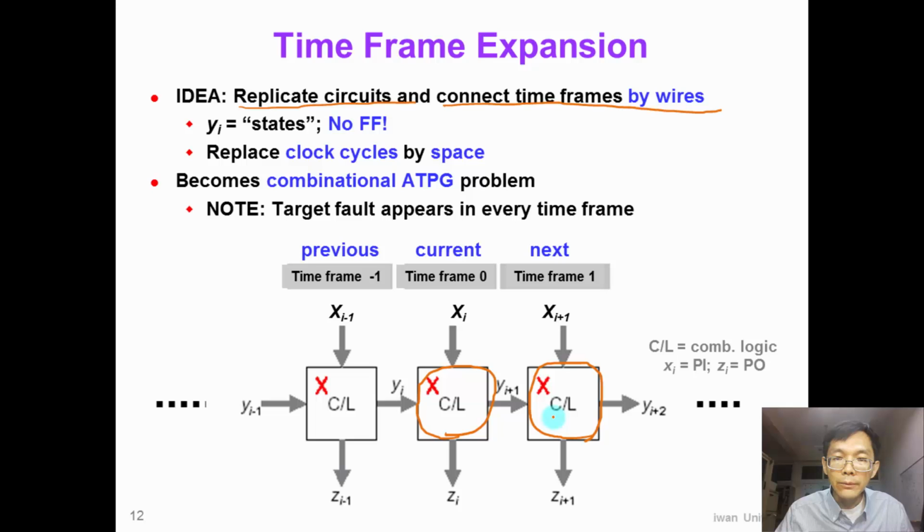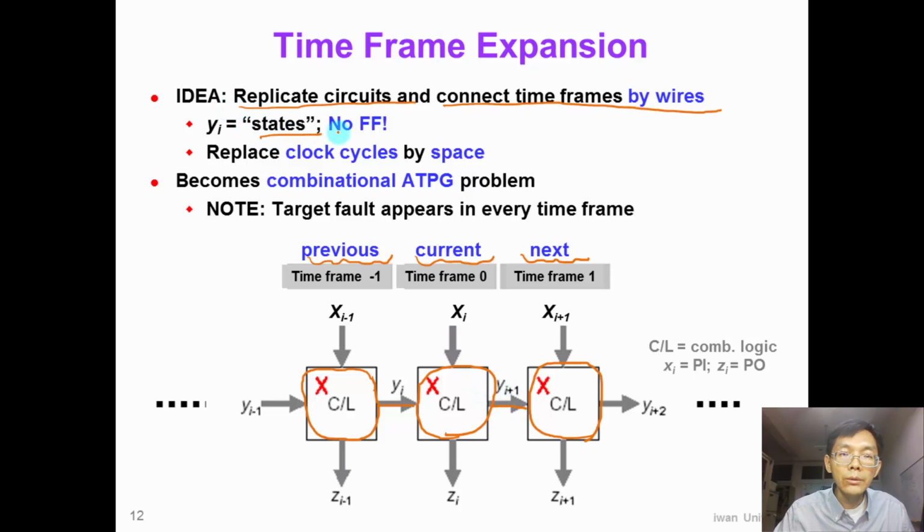The right time frame represents the future, the next cycle. The center time frame represents the current cycle. The left time frame represents the previous cycle. And we simply connect these circuits by wires.